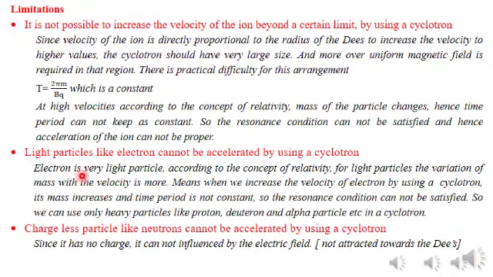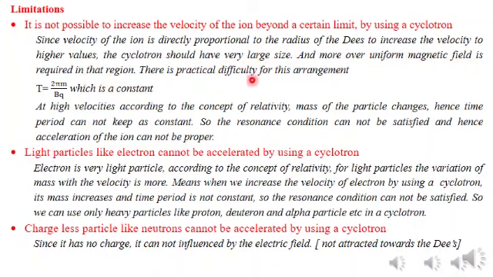Now we can discuss about the limitations of cyclotron. The first one is it is not possible to increase the velocity of the ion beyond a certain limit. Since velocity of the ion is directly proportional to the radius of the disk, to increase the velocity to higher values, the cyclotron should have very large size. And moreover, uniform magnetic field is required at that region.